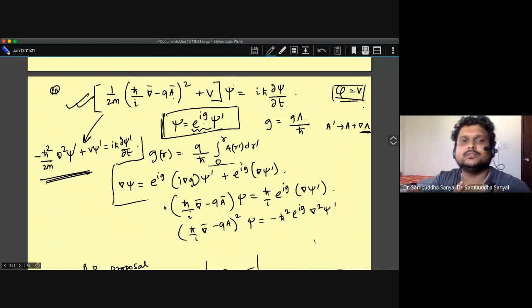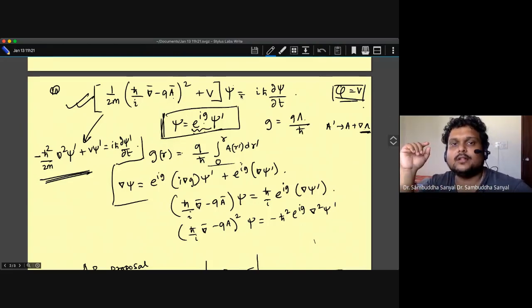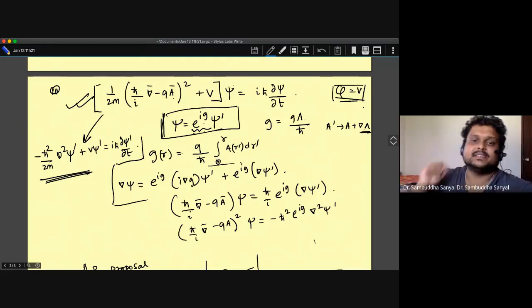If you know the solution of the regular Schrodinger equation, I am giving a prescription on how to construct the solution. You don't need to solve this problem again. If you know the solution of the problem without A and V, you know the solution of the problem with A and V just by multiplying it with this factor. So that's the prescription.